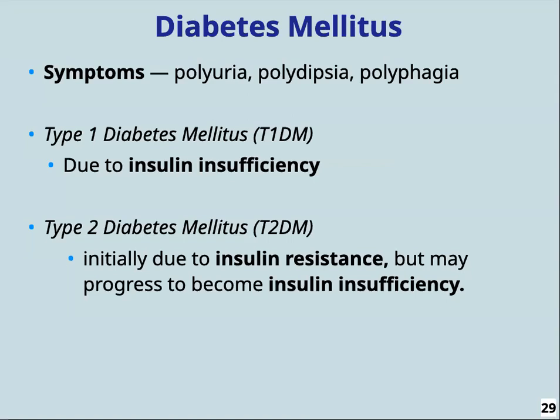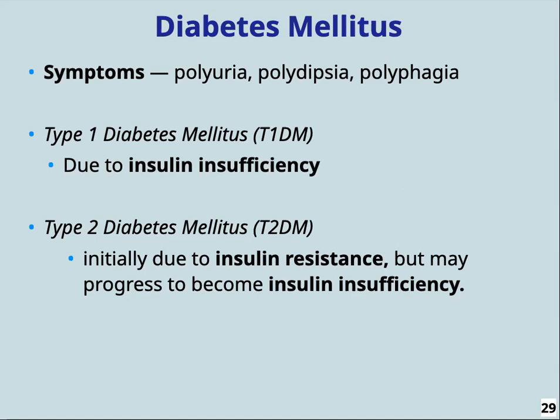And these are the only cells in our body that make the hormone insulin. And so type 1 diabetic patients, pretty early on in their disease, become insulin dependent. They need insulin every day, either by injection or by pump.